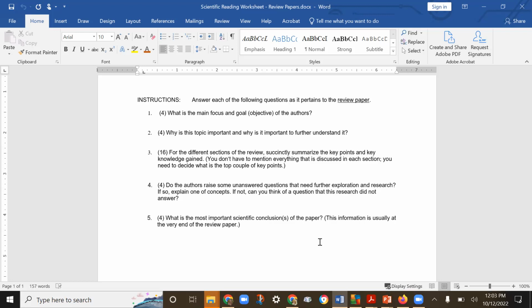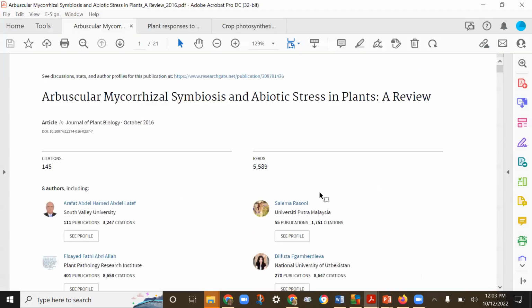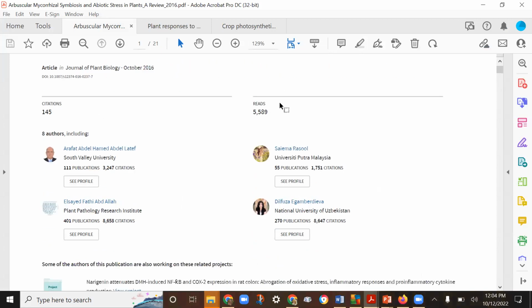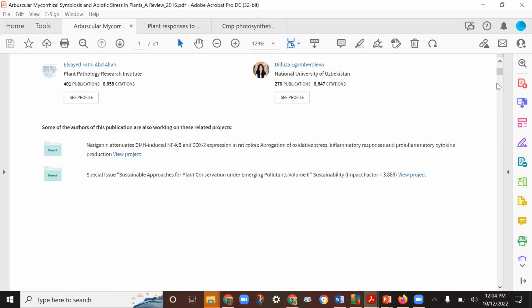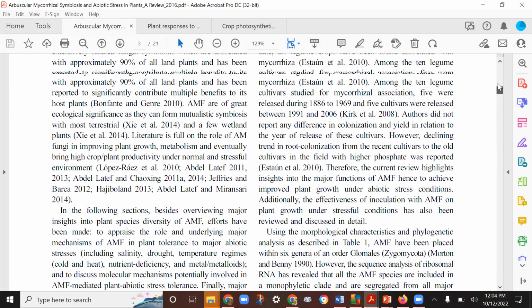It'll be there. Now question 3 is, I think, where a lot of you are like, oh my gosh, what do I say for each section of the review paper? And so if you look at, for example, this review paper, the mycorrhizal and abiotic stress, and you go down into the different sections.